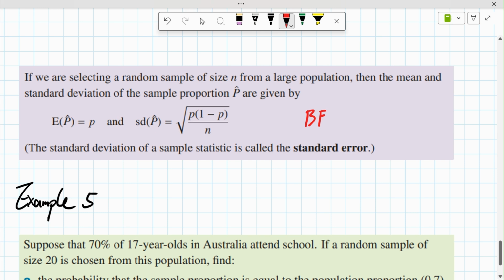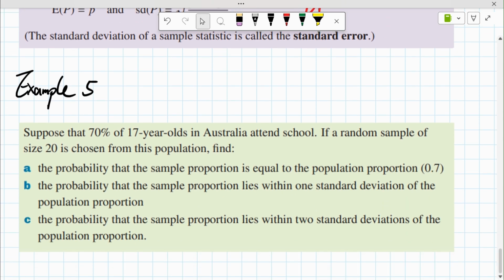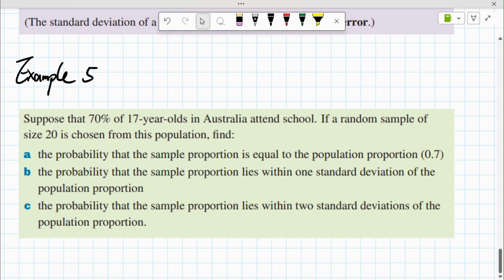So we're using the same rules to calculate these questions. And this is a question we're going to do in class as well. This is the whole thing together, and in 17b we're going to do it step by step.